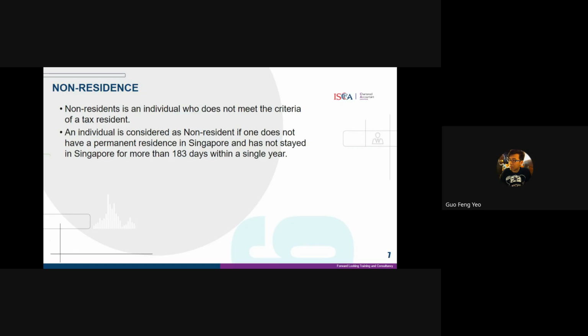But ordinarily, you can presume that a foreigner who does not spend sufficient time or does not meet the prescribed criteria of the concessionary treatments will not be considered as a tax resident for Singapore income tax purposes.